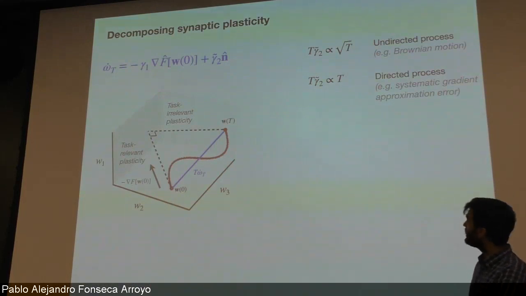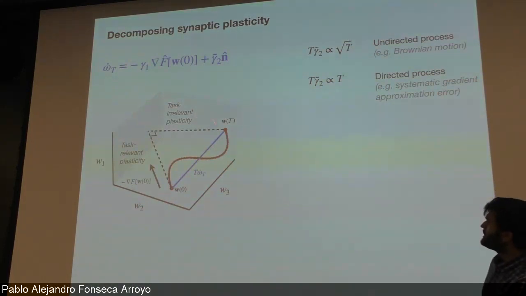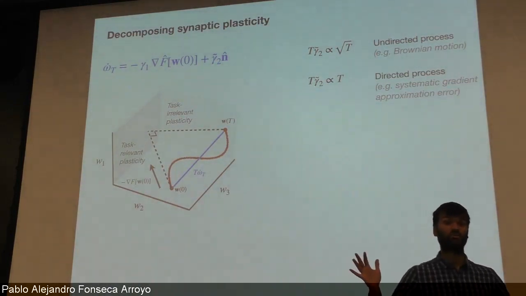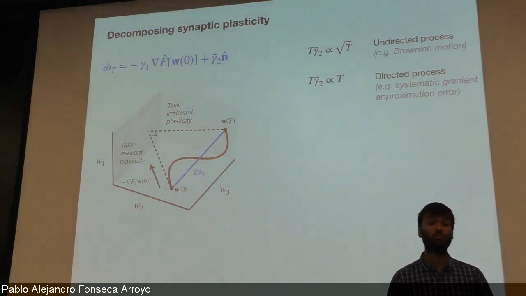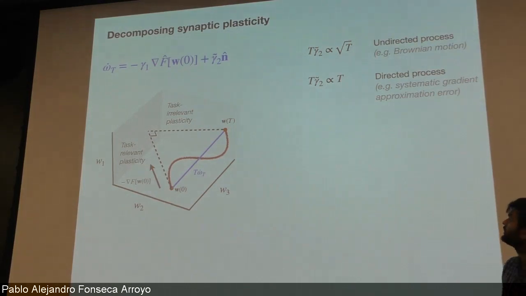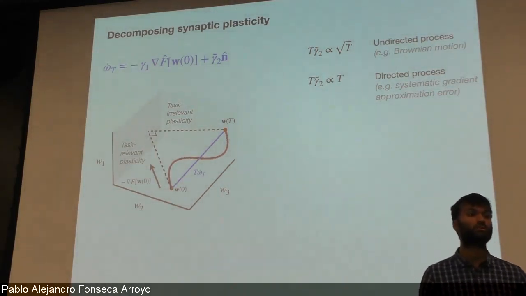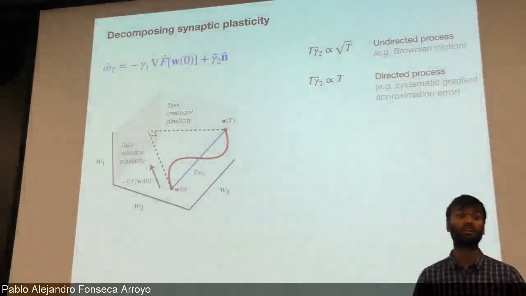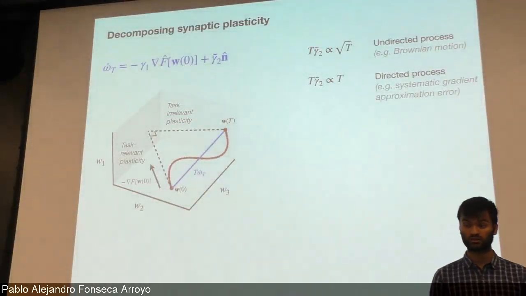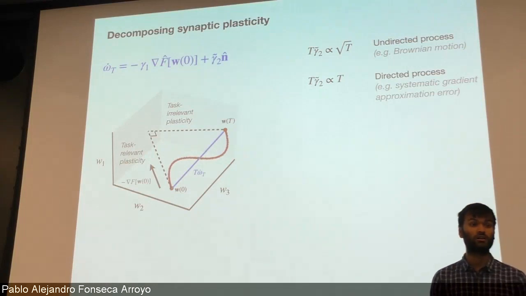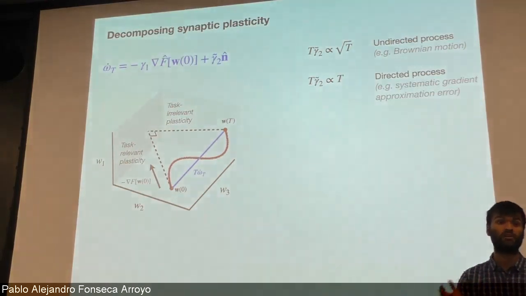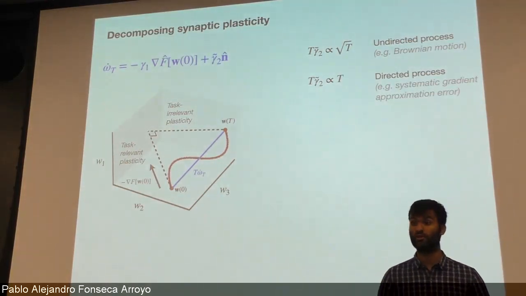So first, let's think about how this task irrelevant plasticity term changes as I increase the time interval. What if I doubled the time interval I'm thinking about? Well, there are extremal cases. Suppose this task irrelevant plasticity was arising from something like a Brownian motion, a completely undirected process. In that case, the magnitude of task irrelevant plasticity, so how far it moved me, is going to scale with root time.